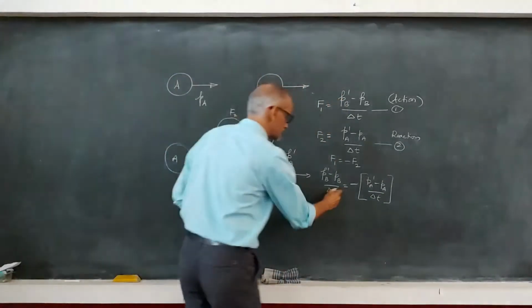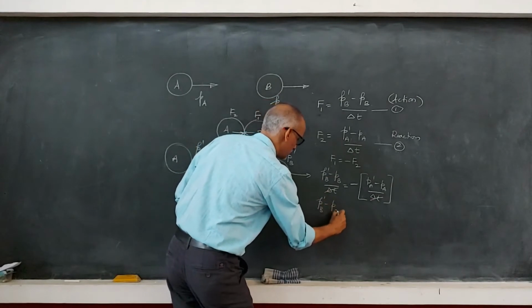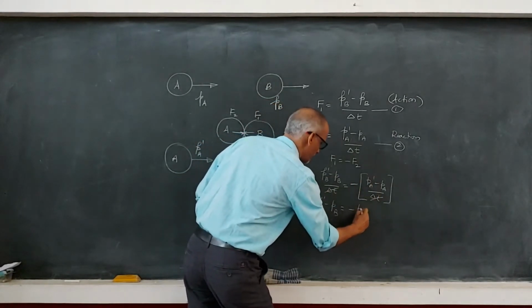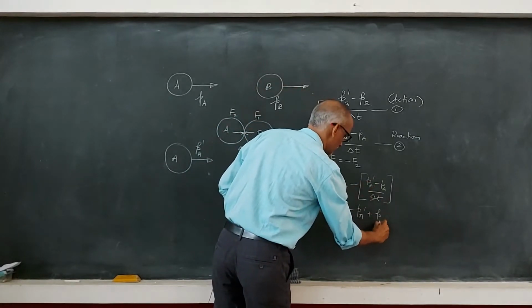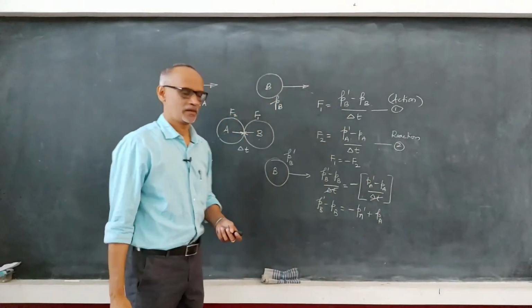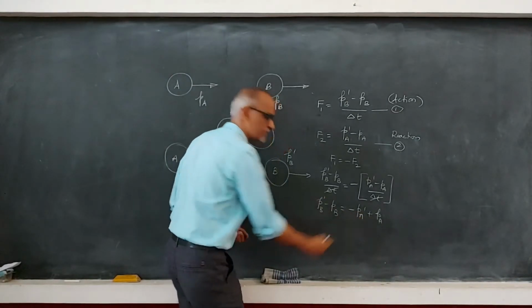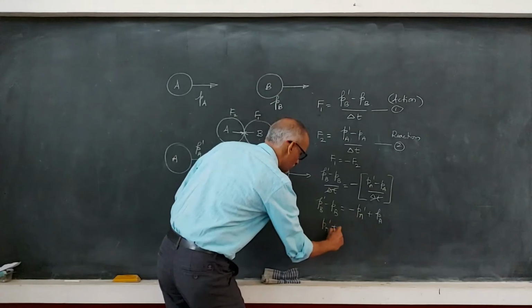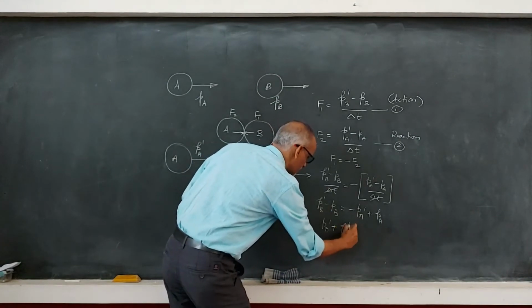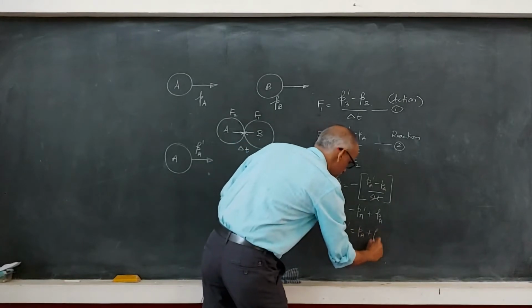This delta t will get cancelled here. Therefore PB dash minus PB is equal to minus of PA dash, open the bracket, minus of minus becomes plus PA. If I rearrange, this minus PA dash I'll bring to the left hand side. So PA dash plus PB dash is equal to PA plus PB.